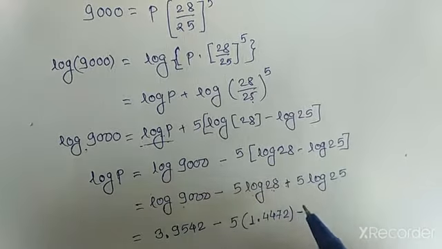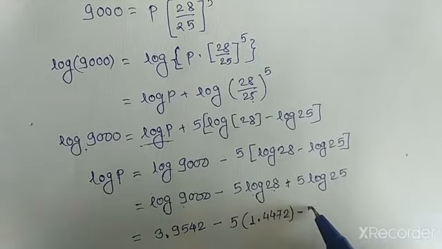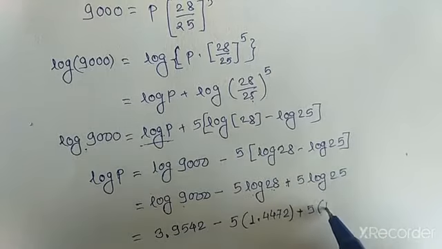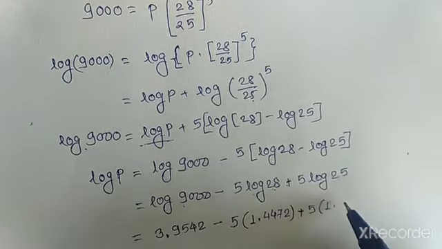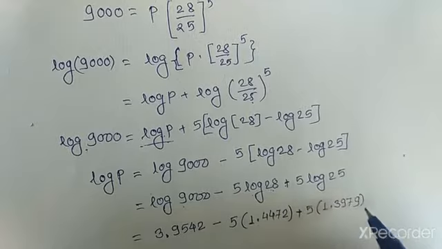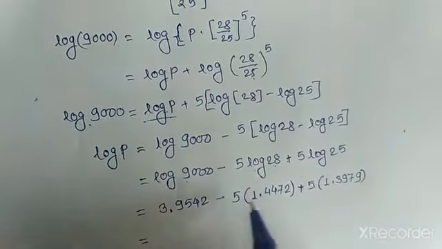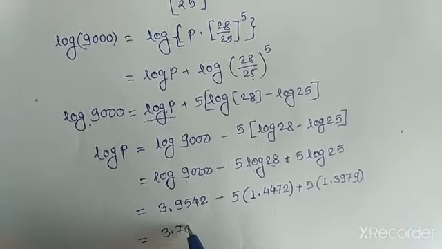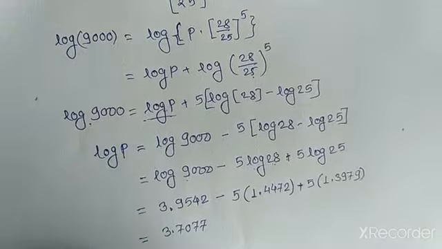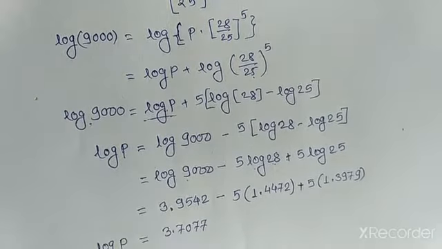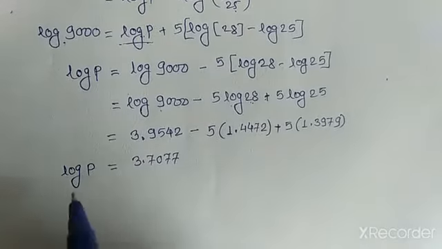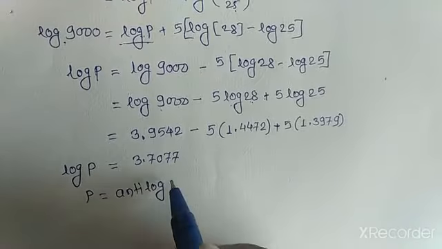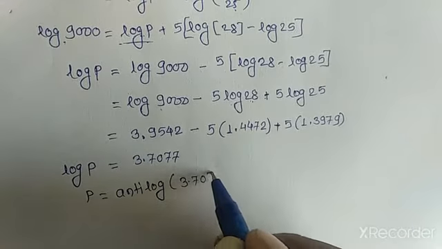Sorry, I have written it wrongly here; you have to change the sign, so it will be minus plus 5 into log 25, whose characteristic is 1.3979. And the whole calculation will give us 3.7077. So log P is equal to 3.7077, and P will be equal to antilog of 3.7077.